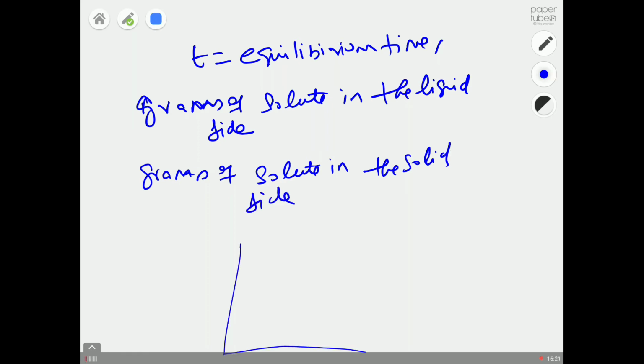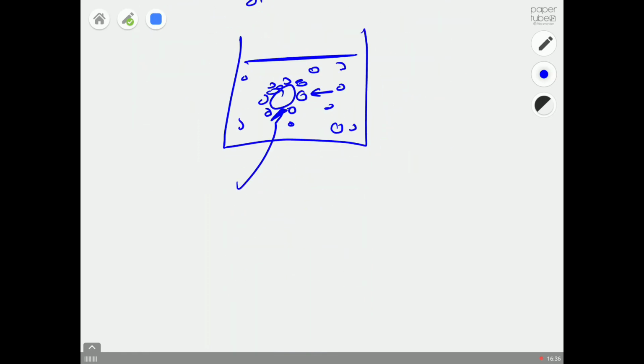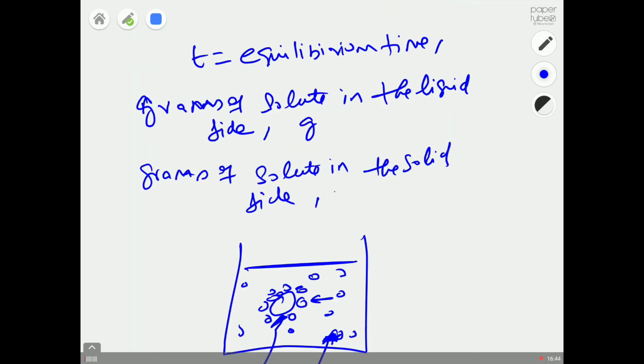At equilibrium your solid will contain a lot of solute particles attached, and you will also have some solute particles in the solution which is in equilibrium with the solid. So you need to calculate how much solute is adsorbed to the solid side and what's the mass of solute in the liquid side. This is in grams, this is in grams.